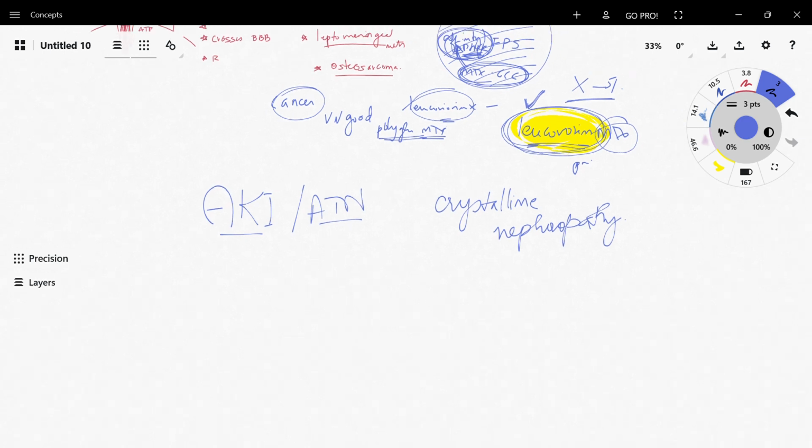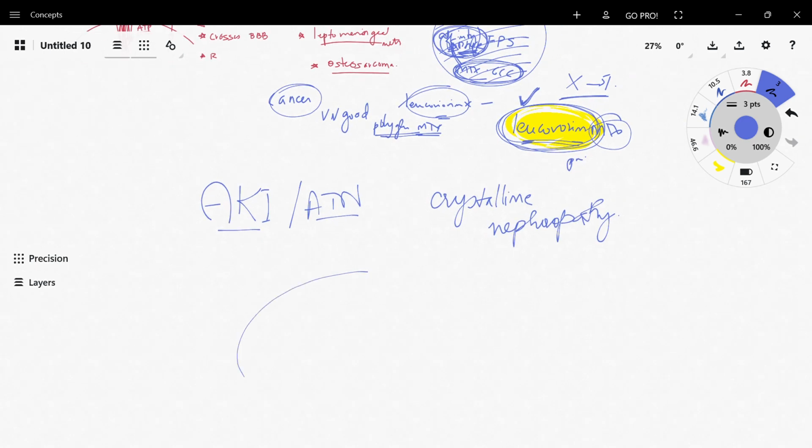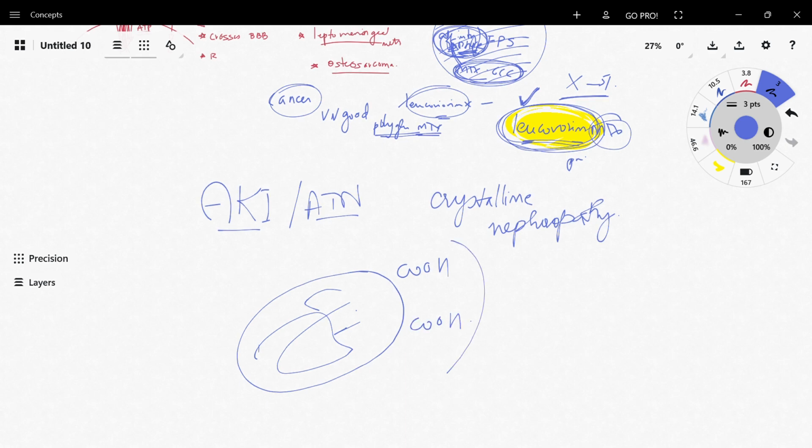So if you look at the structure of methotrexate, which is a complex one, it's got a bunch of rings and benzene rings over here, and then there are going to be two COOH groups. Now, what happens when you put a COOH in an alkaline medium, right? It gives out the H plus and becomes COO minus, right?